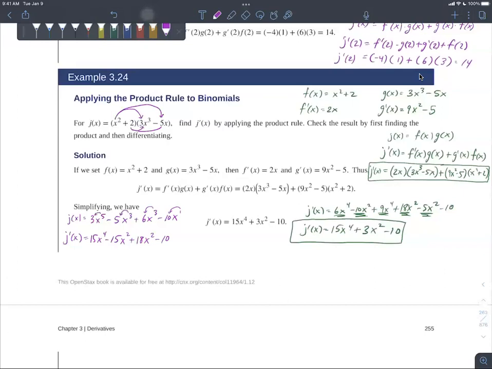And so j prime of x, after combining these two middle terms, gives us 15x to the 4th plus 3x squared minus 10.